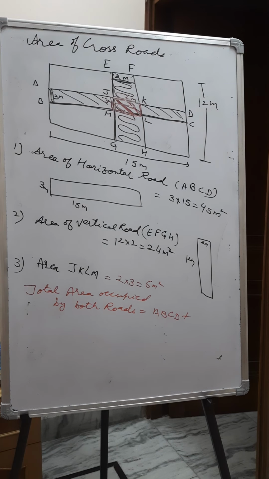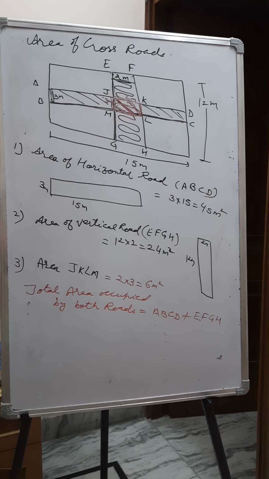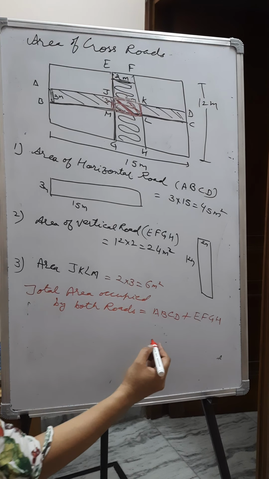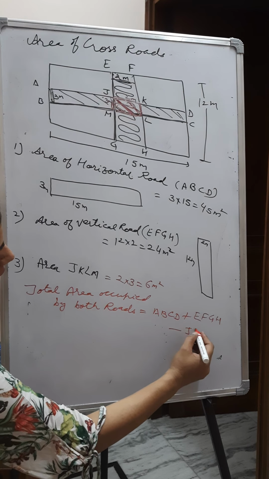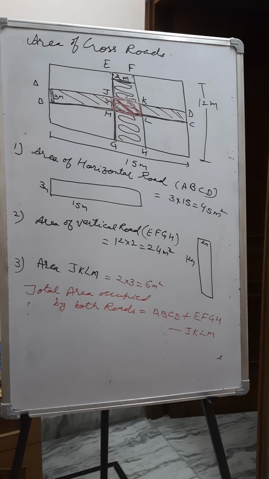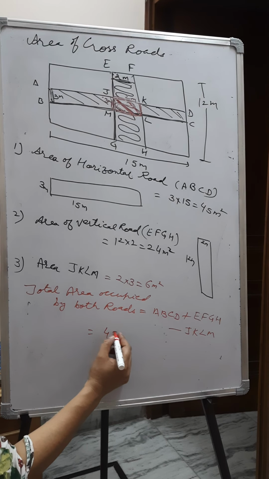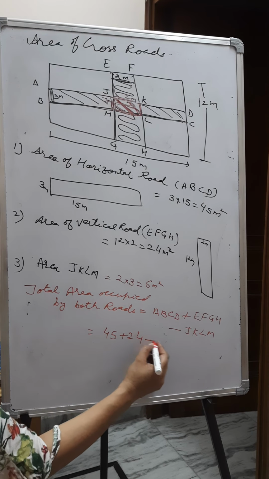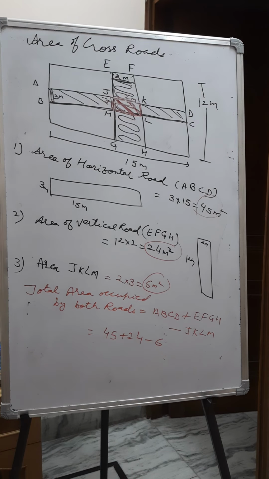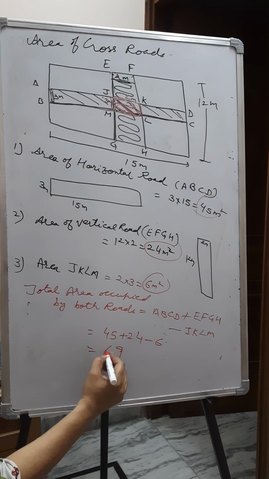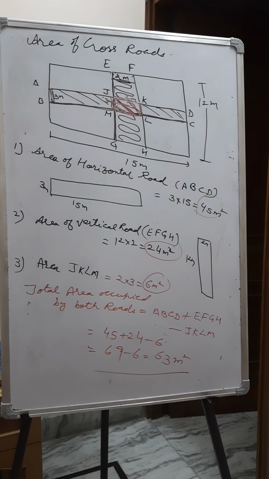Second, the vertical one, EFGH. The horizontal is done, the vertical is done, then you have to subtract the doubling, that is JKLM, the double area. So this is 45 plus 24 minus 6, that is 69 minus 6, that is 63 meter square.